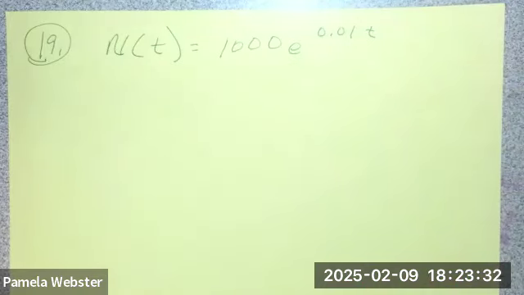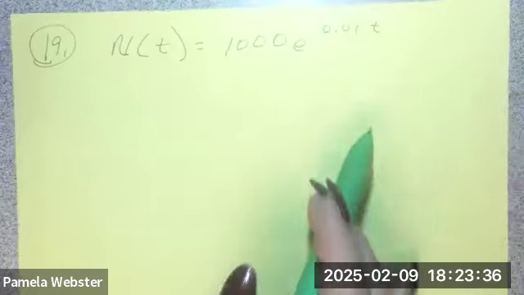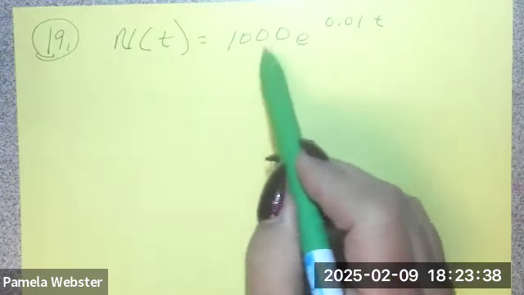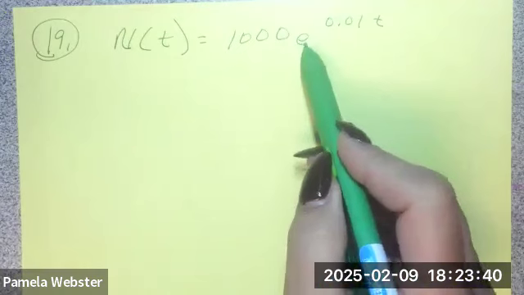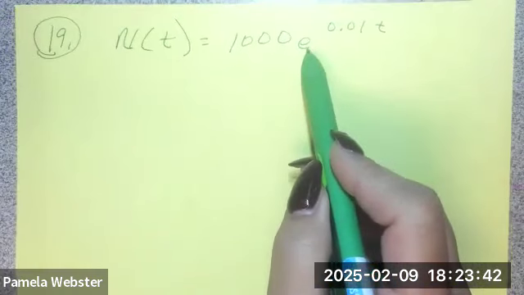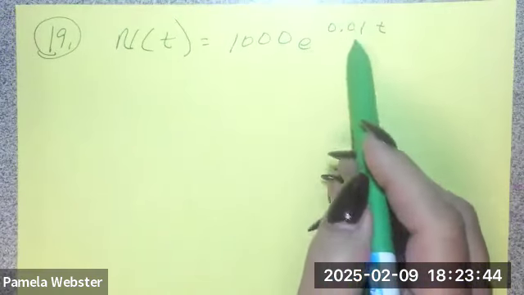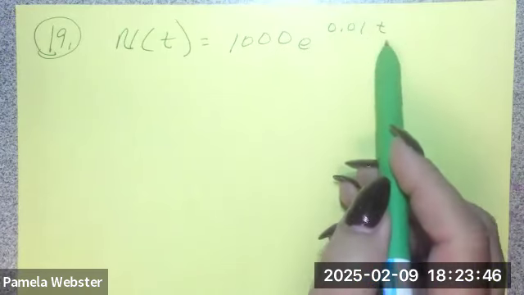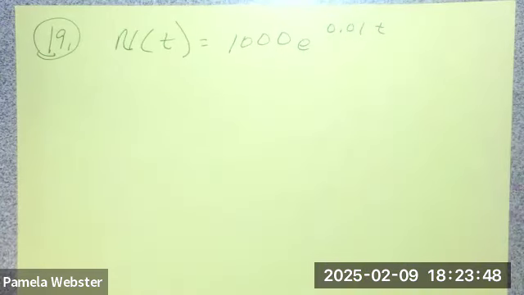If you remember, this is very much like the PERT formula, where this is the initial number of bacteria that we're dealing with. E is the natural number here, so 2.72. And this is the rate of growth. And T is my time in hours in this case.